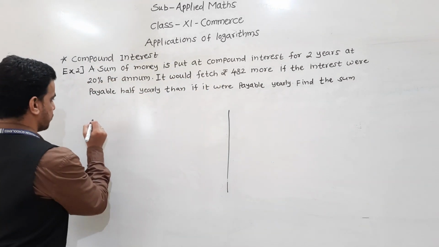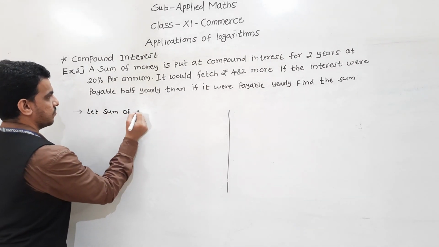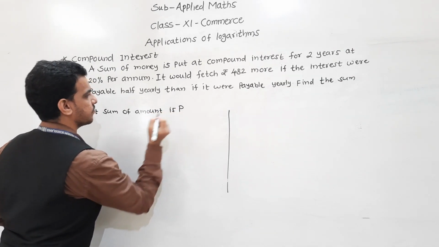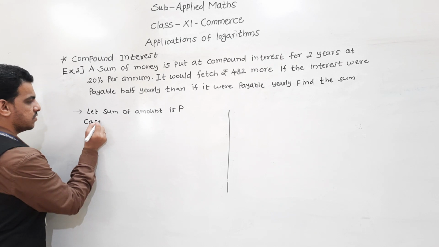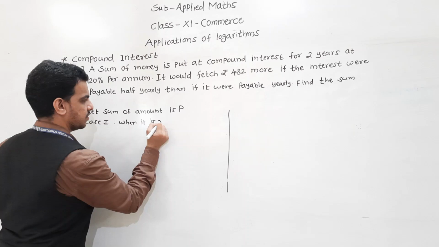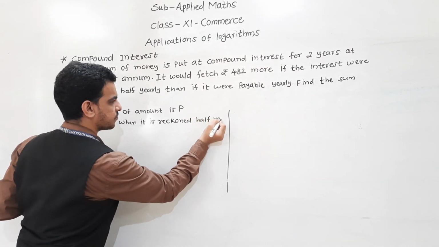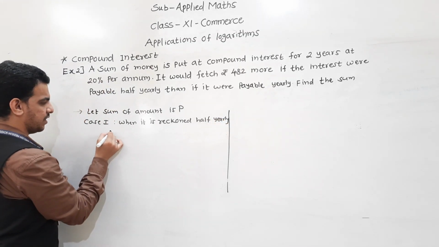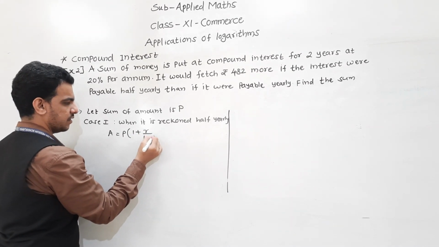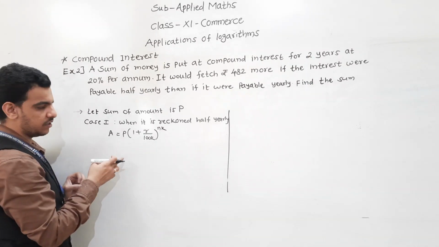Okay, some principal amount is put at compound interest. So let us suppose the sum of the amount is P. Now case first, when it is reckoned half yearly, we know the formula A is equal to P into 1 plus R by 100k raised to nk. Here P is not given, we have to find that.